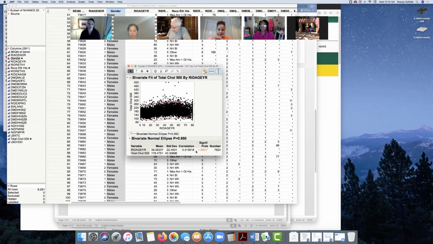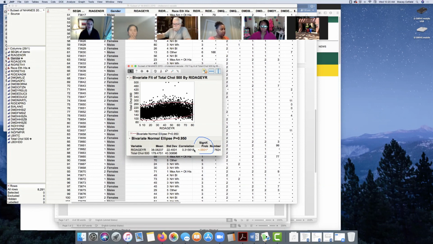You're almost always asking, is this equal to or not equal to 0? Because we don't know if it's going to be a positive or a negative correlation. You'd have to have a really strong idea that it was going to be positively or negatively correlated to do a one-sided test.